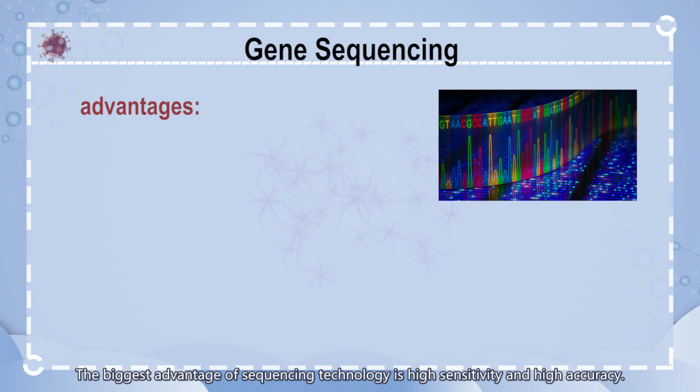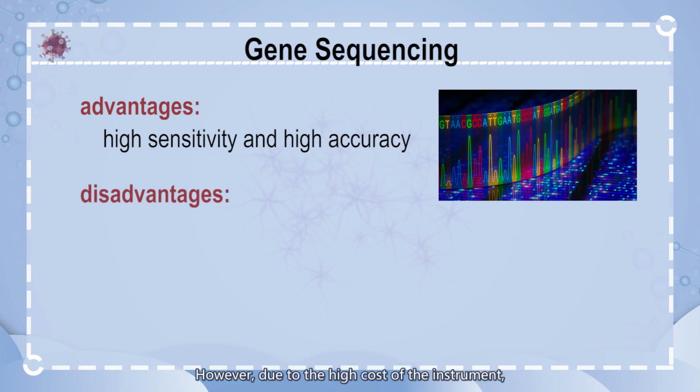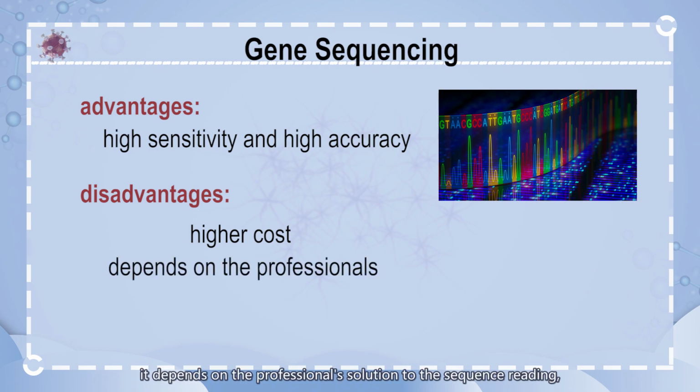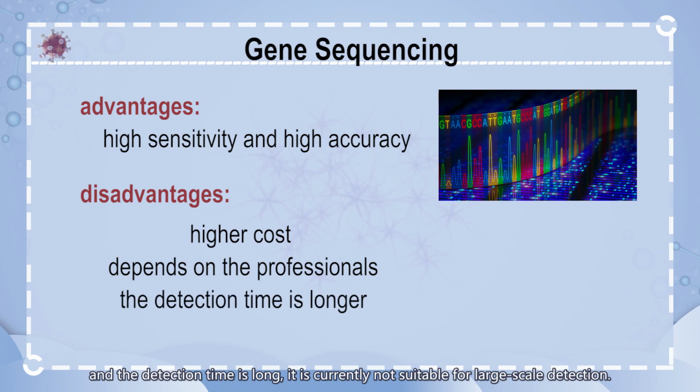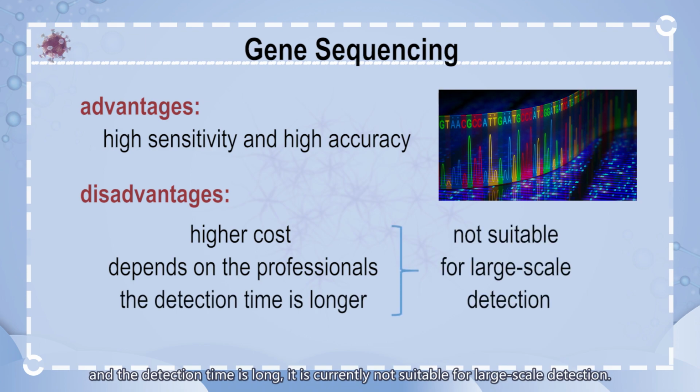The biggest advantage of sequencing technology is high sensitivity and high accuracy. However, due to the high cost of the instrument, it depends on professionals to interpret the sequence reading, and the detection time is long. It's currently not suitable for large-scale detection.